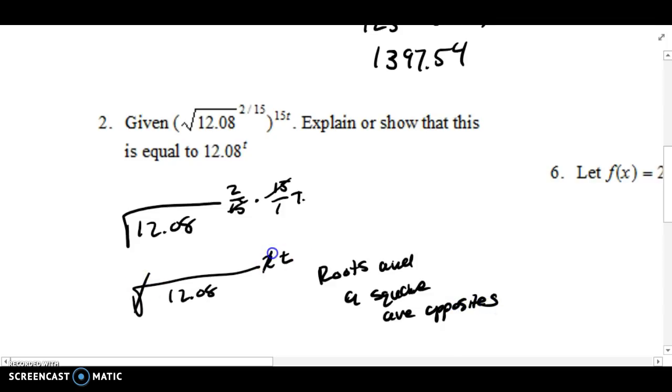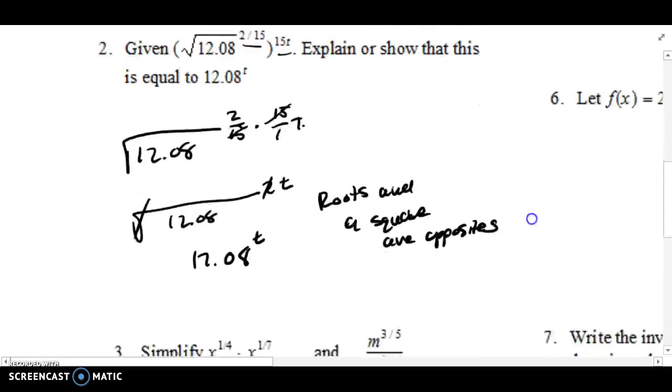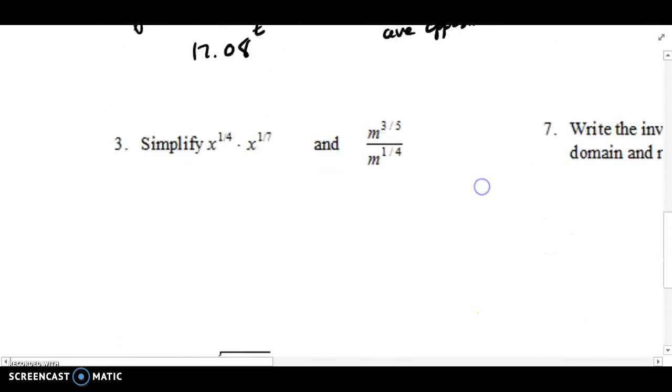So those are going to cancel. So I'm left with 12.08t. So I just showed you how to do that. And again, the big picture idea is you know how to deal with these powers when they're fractions or not. You know how to deal with what a root is, whether it's a power or a root. And that's just reinforcing that question.